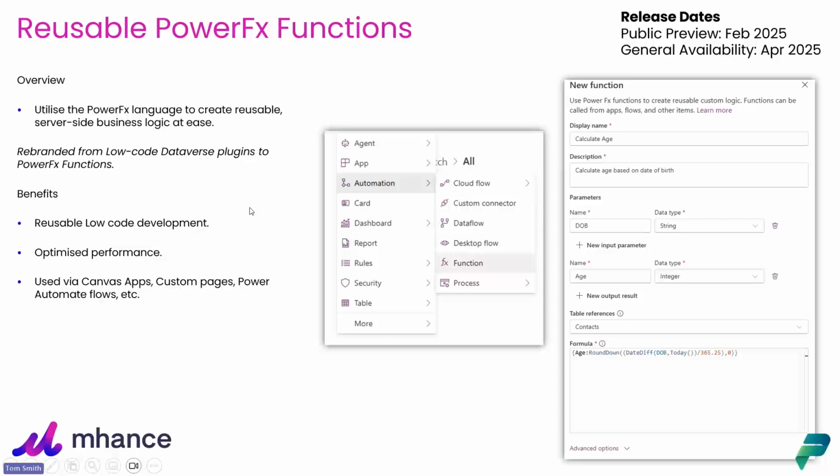On the first screenshot, you can see that in the Maker portal, we can go into automations, go into functions and create a new function from there. Then on the right-hand side, we can use Power Fx within the formula to create reusable functions that can be called through Canvas apps, through a custom page, or Power Automate flows, to input the variables and generate an output.